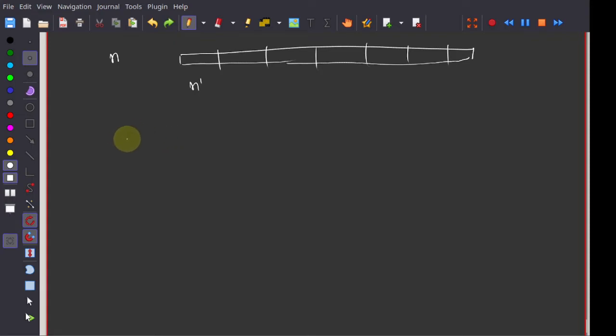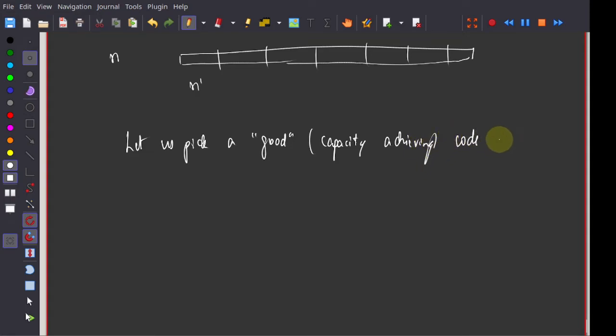So we choose a good code, in the sense of a capacity achieving code, of block length n prime.